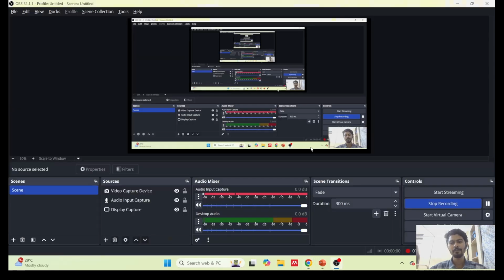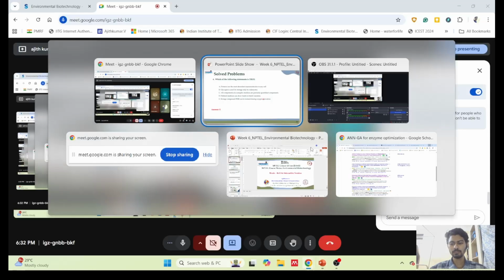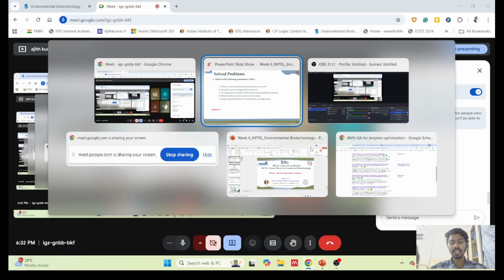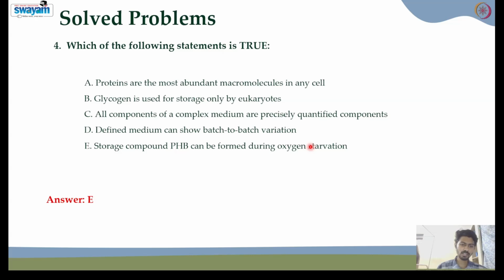In defined media, their nutritional components are well known. So if the media components are well known and their concentrations are well defined, then batch to batch variation is very, very less or very minimal, because of their precise composition. That's why options A, B, C, D are false and option E is true.